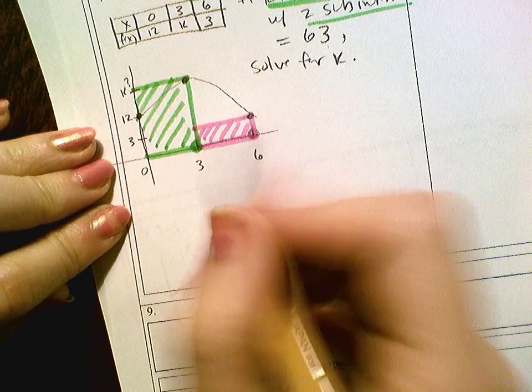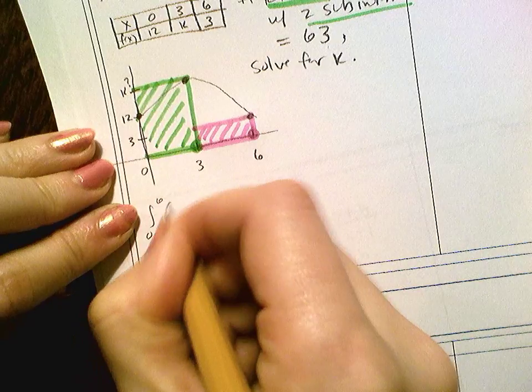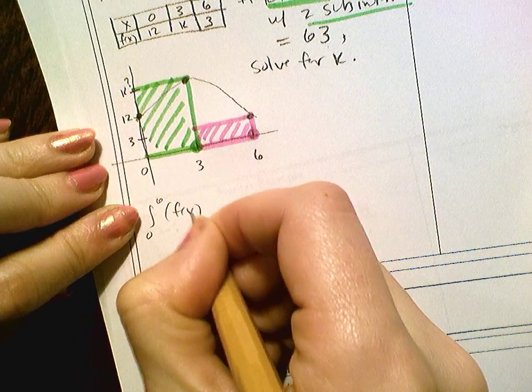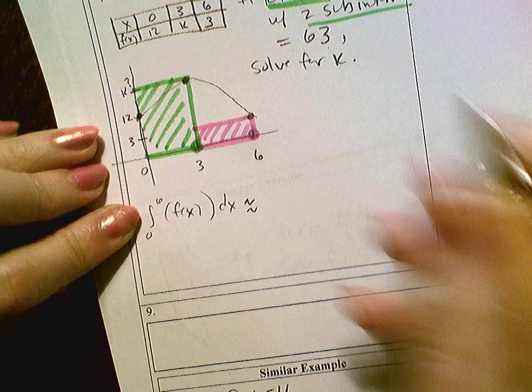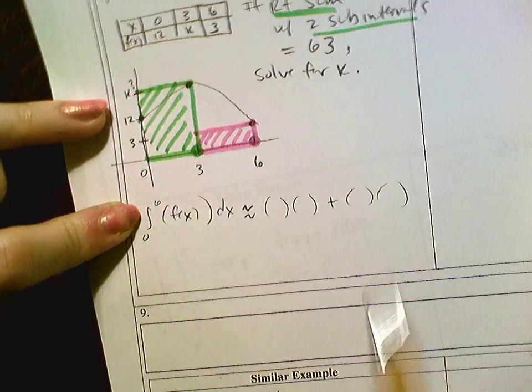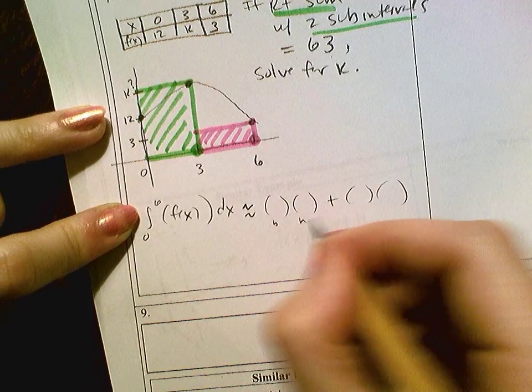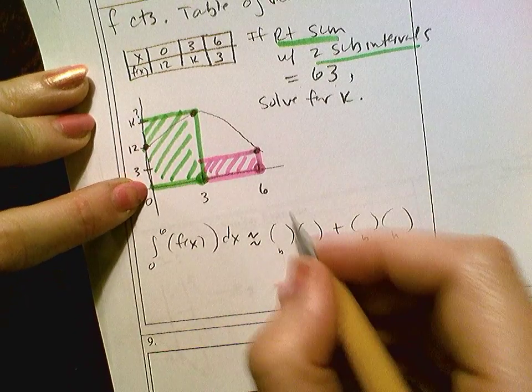So really, we've got the integral from 0 to 6 of f of x dx is approximately, base times height, base times height. The base of the green one is 3.